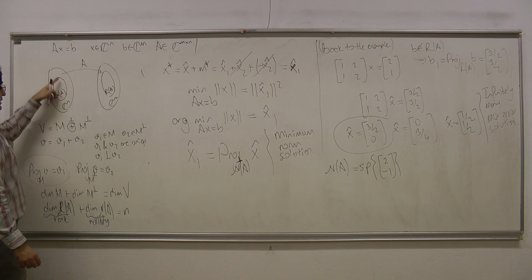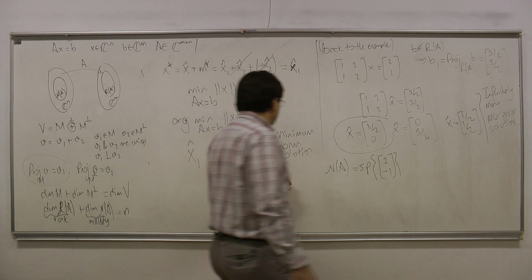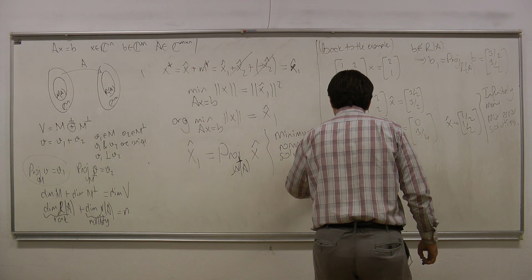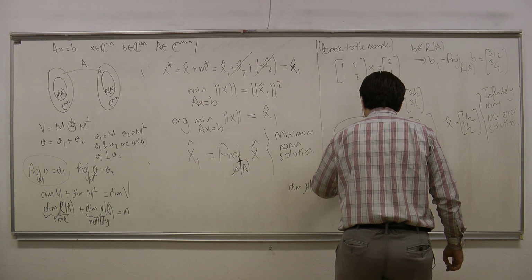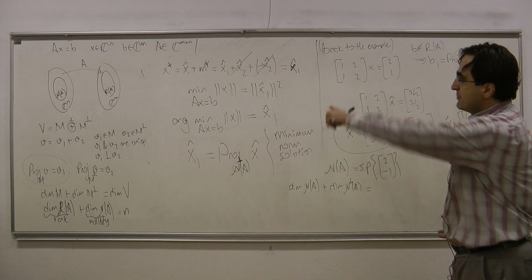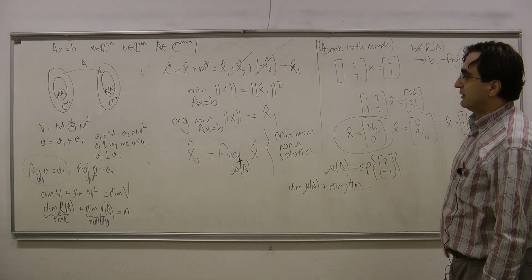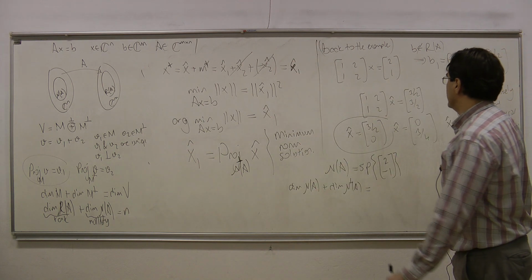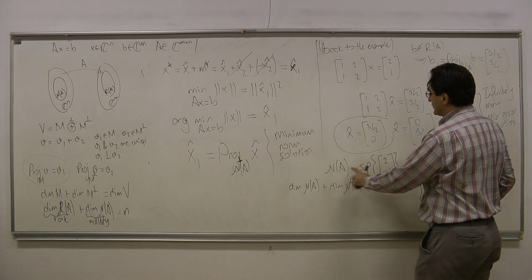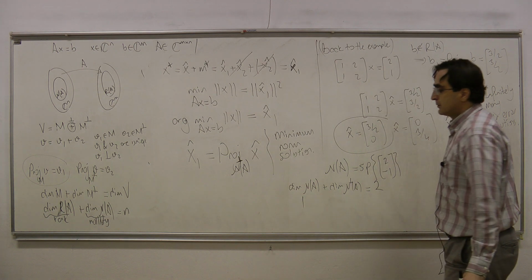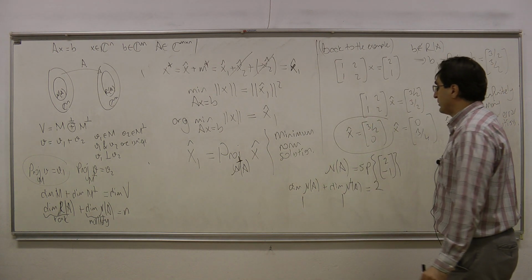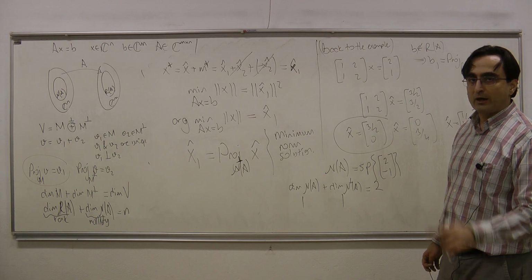Therefore, dimension of null space of A plus dimension of null space of A orthogonal complement should be what? Dimension of the overall domain, which in this case is C2, which is 2. And dimension of the null space is 1. That means that dimension of the null space of A orthogonal complement should be 1.